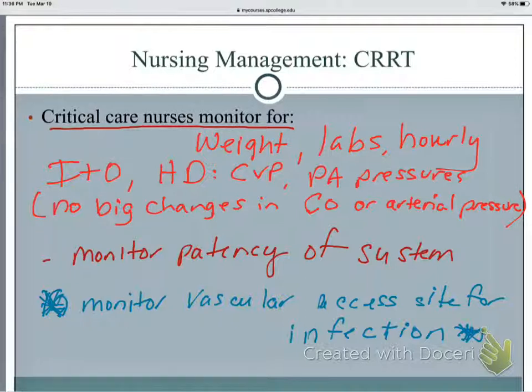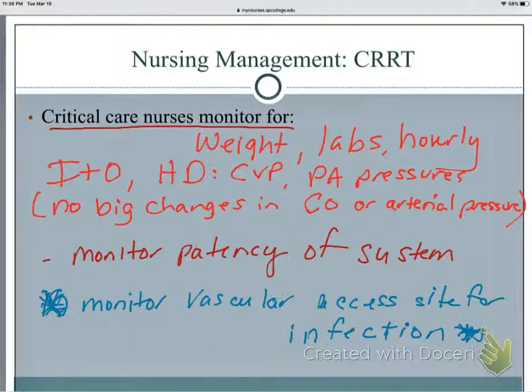Again, same kind of management. What are we going to watch for? Our weight, right? Labs are hourly sometimes, hourly I&O. As with hemodialysis, they may likely have a CVP, they'll have pulmonary artery pressures. They don't want big changes cardiovascularly, so they'll probably have a hemodynamic catheter in to monitor closely. Monitor patency of the system.